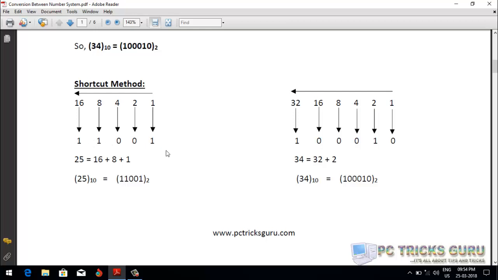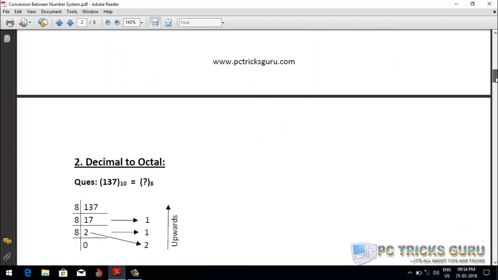This is the binary equivalent for the decimal number 25. In the same way, I have taken one more example, 34. You can have a look at the example. It's easy to understand. Now let's move to the next conversion type.